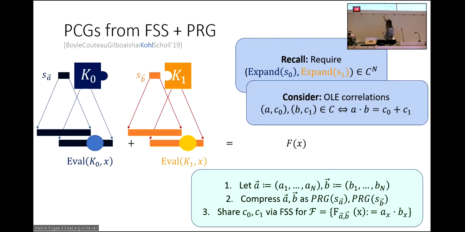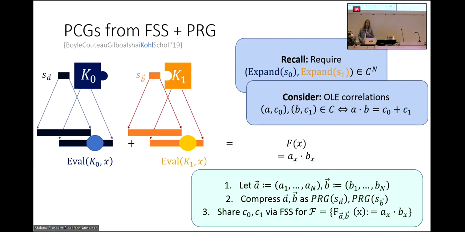They take a value x and they map it at the x position to ax times bx. So evaluating the PRG, looking at the x position, and then both for these values. And then we will get here f of x will be ax times bx.